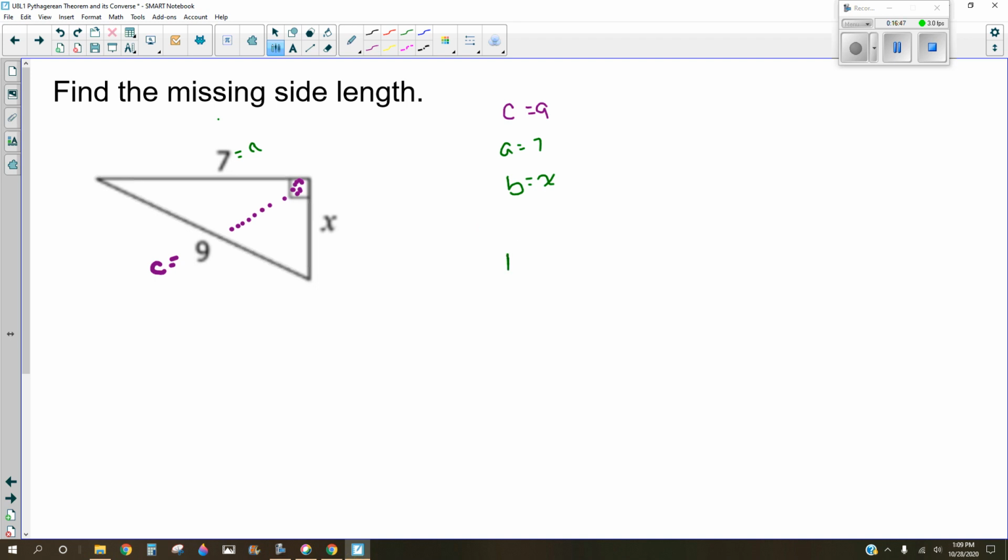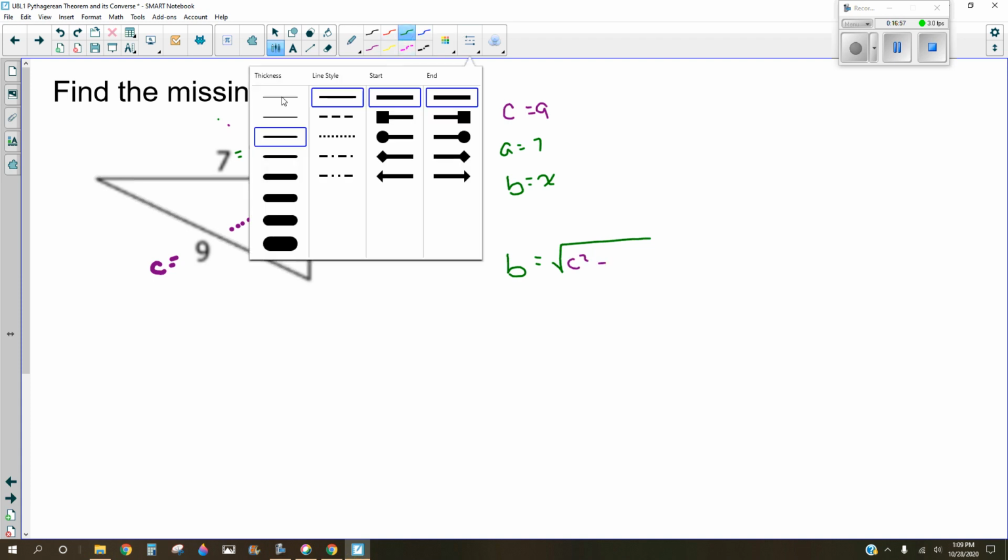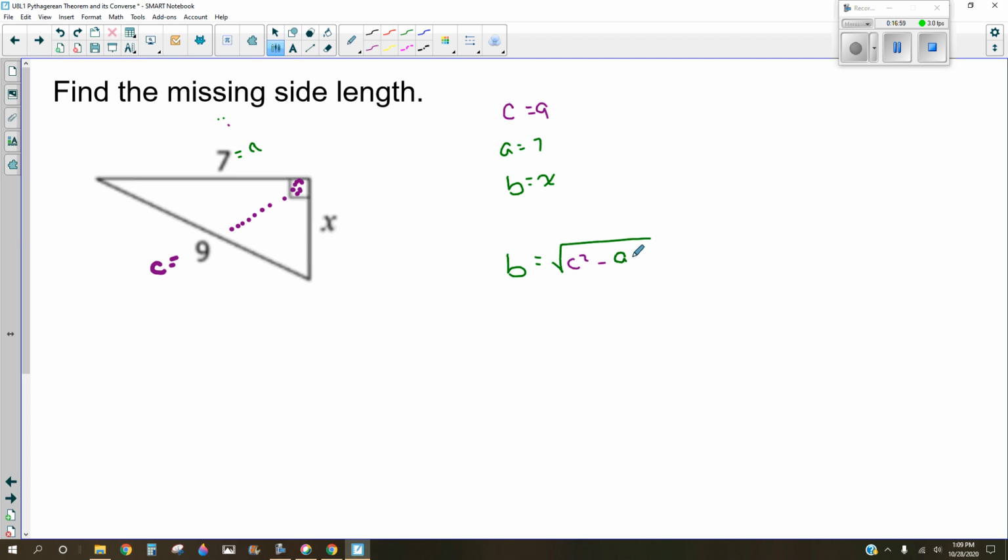So I want to know what B is, and B is going to be equal to the square root of C squared minus A squared. So B is equal to the square root of 9 to the second power minus 7 to the second power.